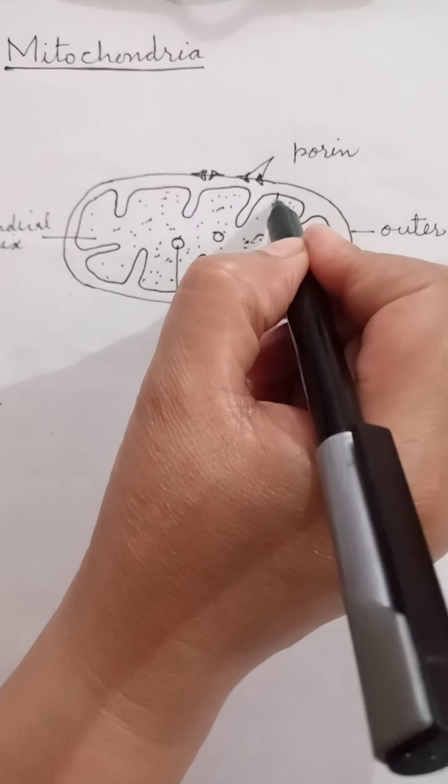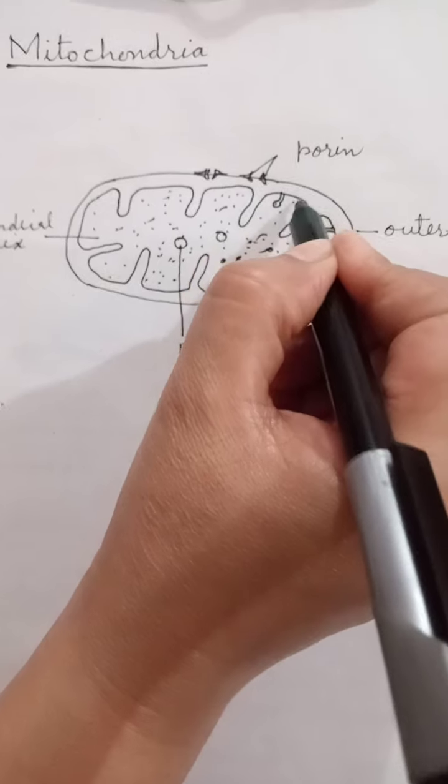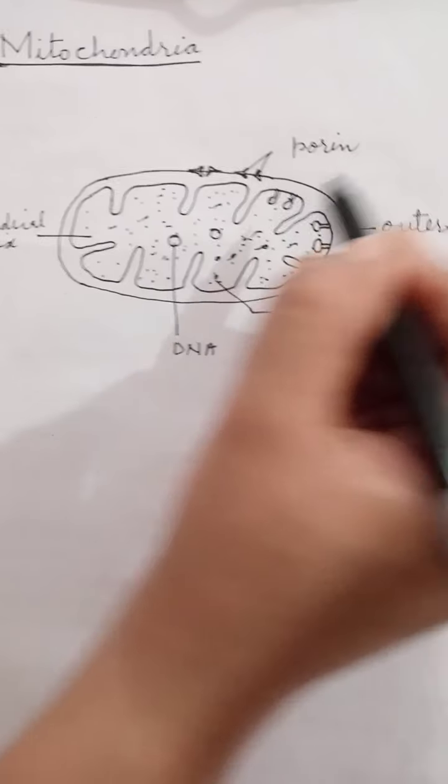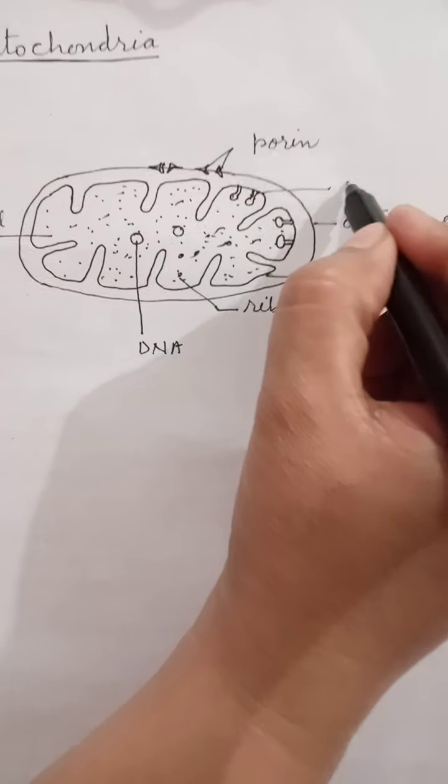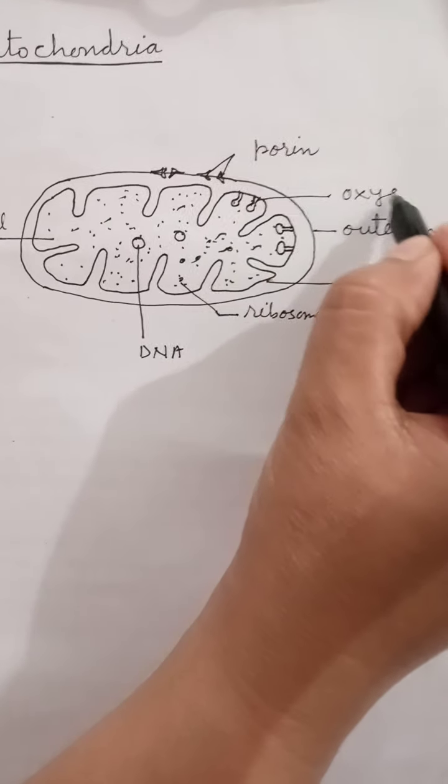These proteins are mainly involved in ATP synthesis, and they are called oxysomes.